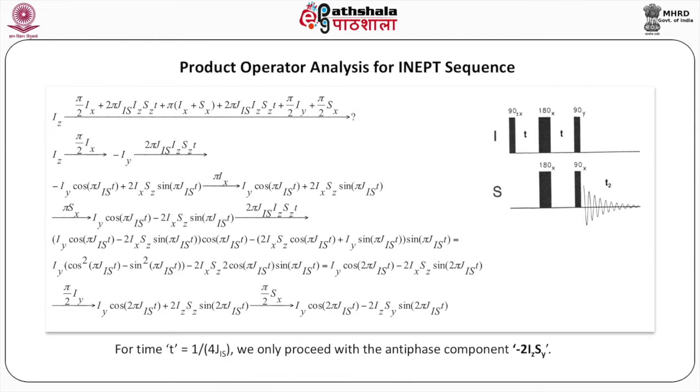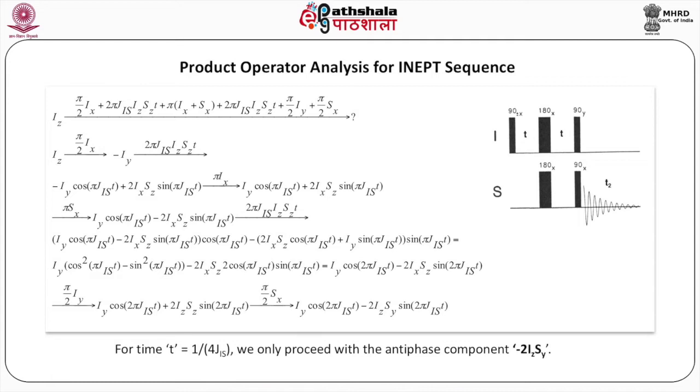So, this is the same as the homonuclear case or the heteronuclear case where the 180-degree pulse is synchronously applied to both nuclei. And as we know, this can give us the products which were discussed. So, Iz, as you see, is acted on by different Hamiltonians and they are taken up step by step, and for time T equal to 1/4 JIS, we can proceed with the antiphase component, which is -2 IZSY.